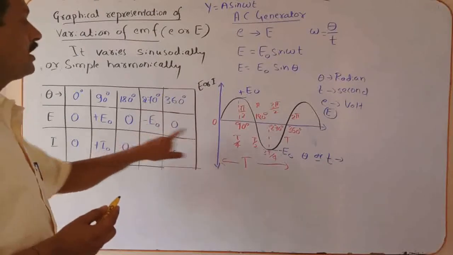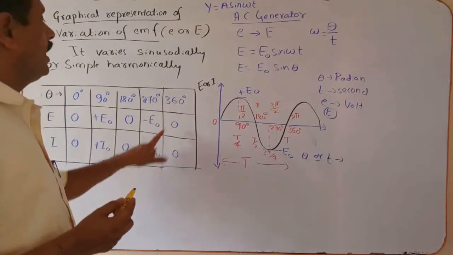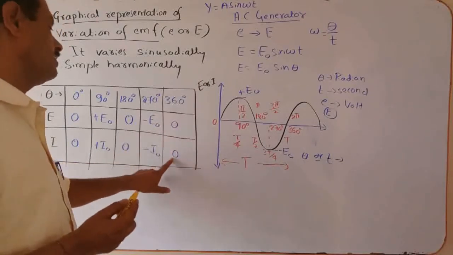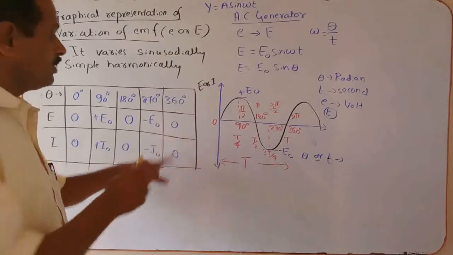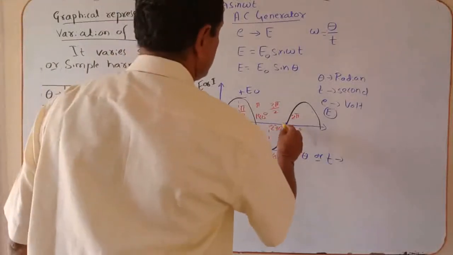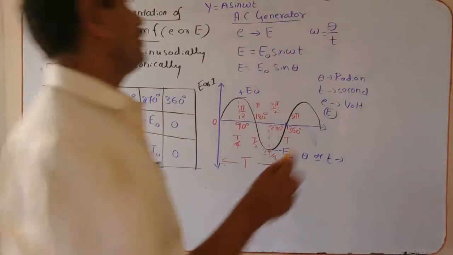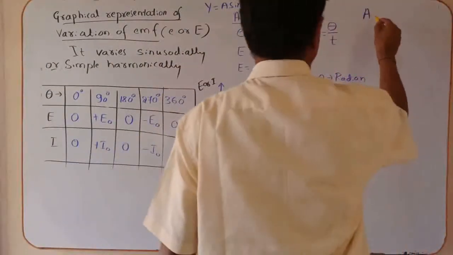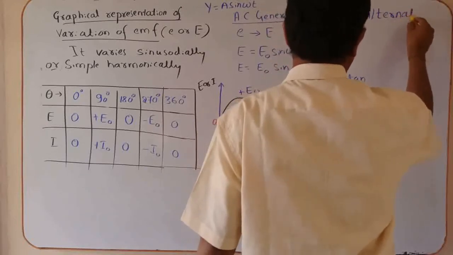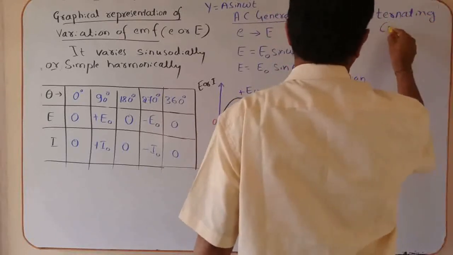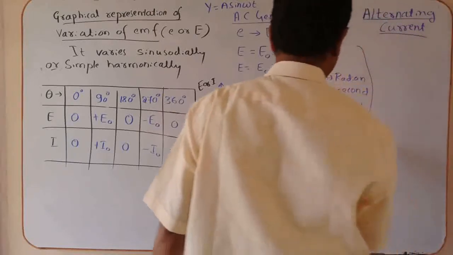For 270 degree again you get minus E naught, minus I naught, and for 360 degree it comes back to the initial position and becomes 0 again, and this variation repeats. Now how do we get the alternating current? That is in the next chapter, alternating current. Now see here.